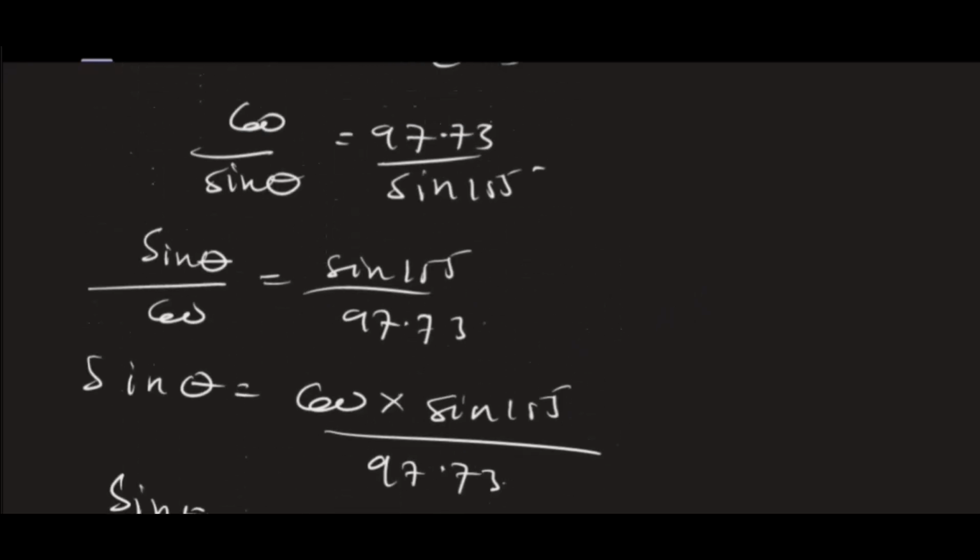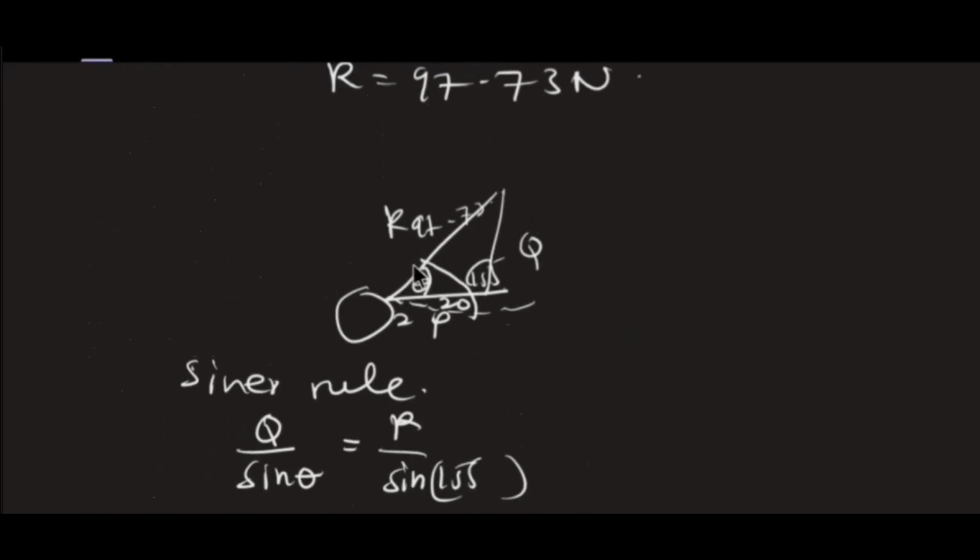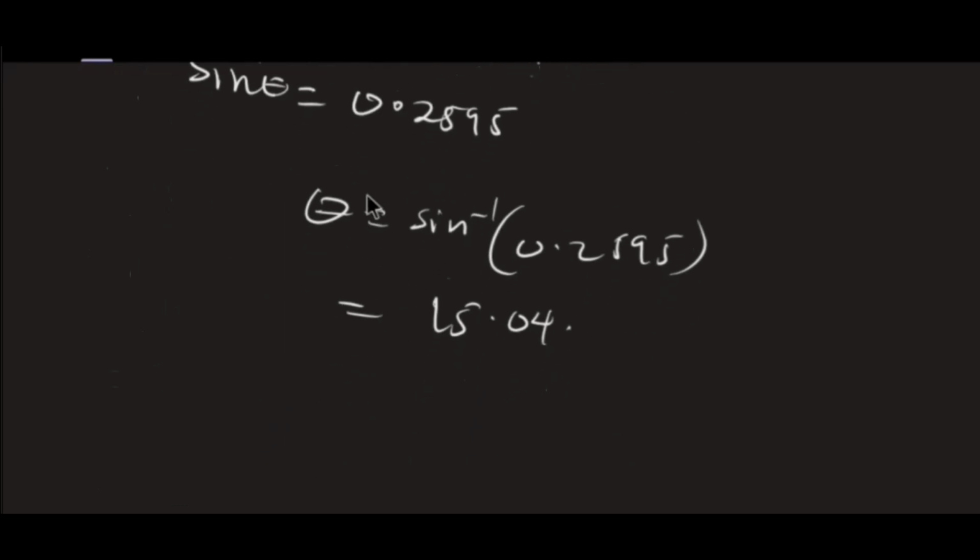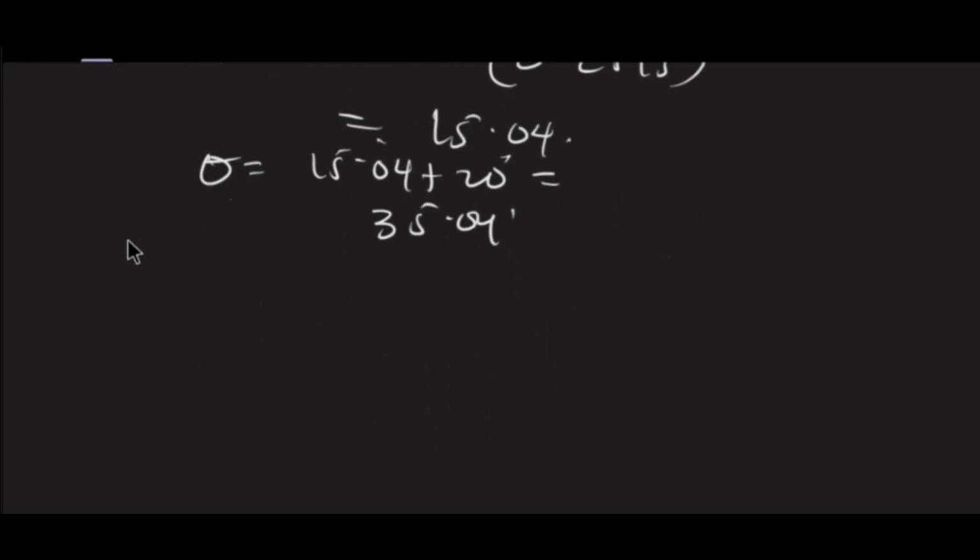Now I told you from the diagram that once we find theta, we are not done with the direction, because there was a 20 degrees before we start the horizontal, so we add it. So our total direction theta becomes 15.04 plus 20, and this is giving us 35.04 degrees. So we can say that our resultant R is equal to the magnitude, which is 97.73 Newton, at 35.04 degrees.